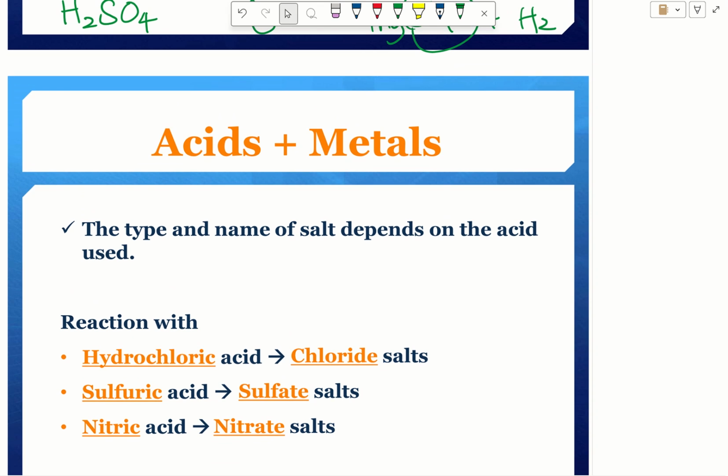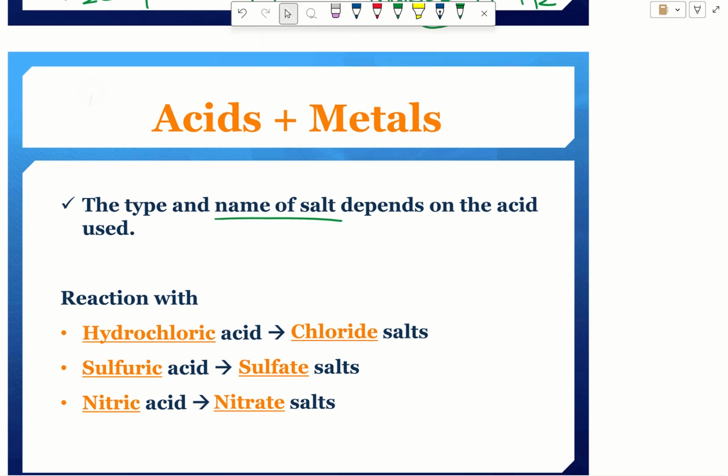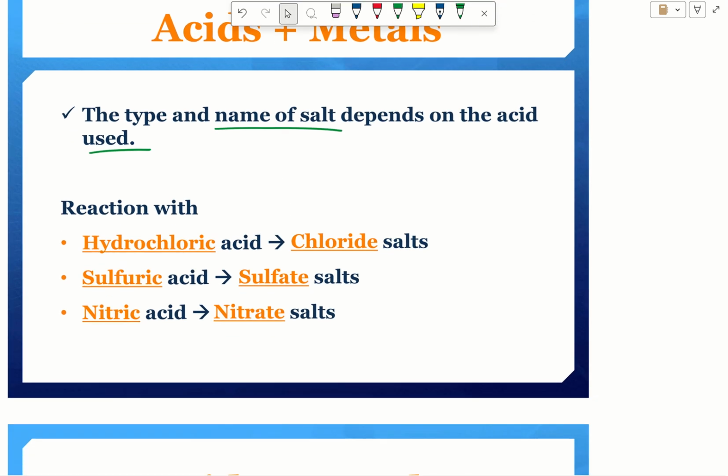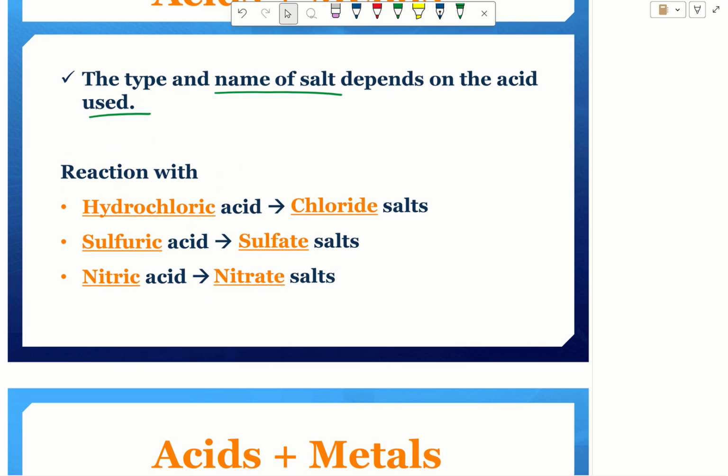Acid plus metal, the type and name of the salt depends on the acid used. This is the important part. When we are dealing with hydrochloric acid, do you remember that hydrochloric acid is actually HCl? It is made out of H plus ion and the chloride ion.